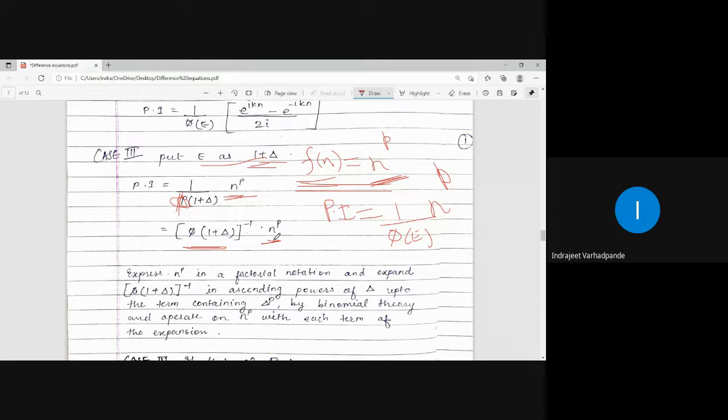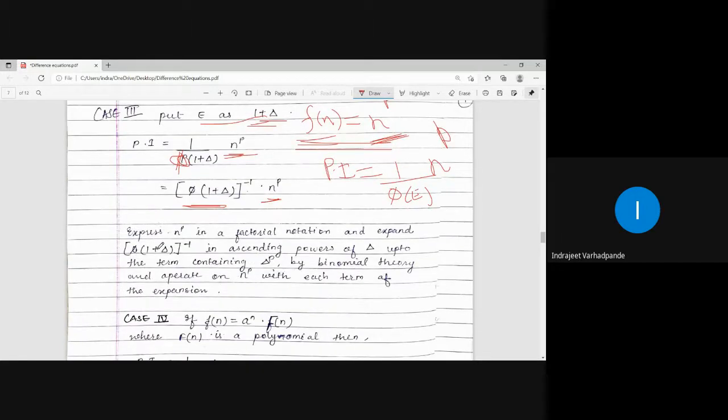Now, initially, we have discussed that delta is nothing but the forward difference operator. Delta is analogous to the derivative. And when this delta is operated on n to the power p, that n to the power p should not be simply a polynomial. It should be a factorial polynomial, because delta or 1 by delta acts on a factorial polynomial. Therefore, what is written here?